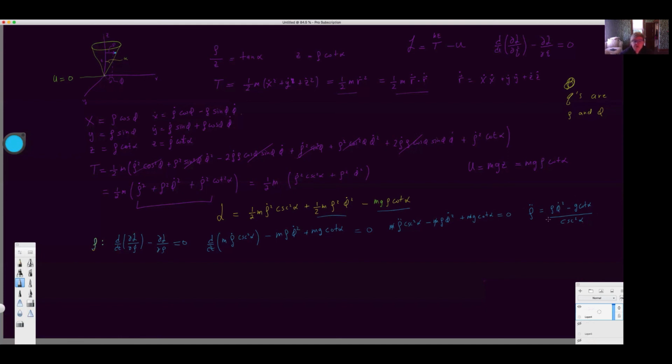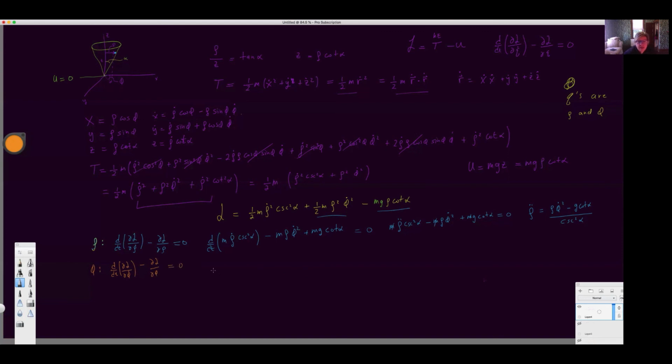So let's go to phi and see how that equation turns out. Let's get an orange for that. Okay, writing down Lagrange's equations for phi: d/dt of partial L partial phi dot, and then minus partial L partial phi equals 0.